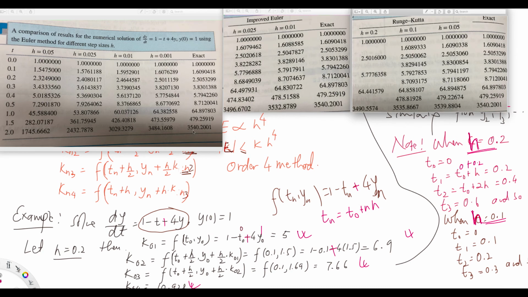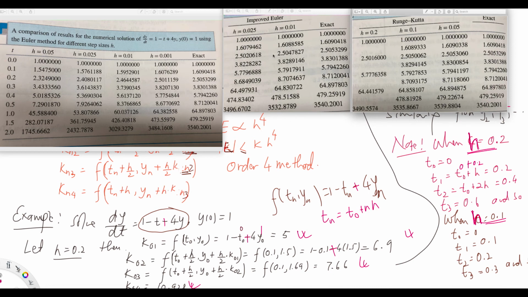You see that? Which is a lot farther away, right? And when h equals 0.01, it is 3029 for Euler's method. For h equals 0.01 in the improved Euler method, it is 3532. So it is closer to the exact value, but the other one is not close to the exact value. This one is better, right? Because you see 3540 versus 3532. So 8 units away for h equals 0.01.